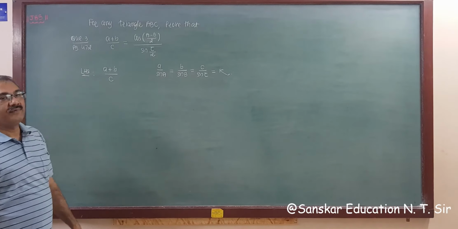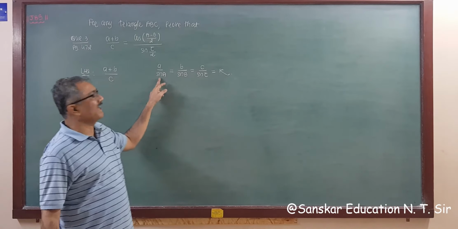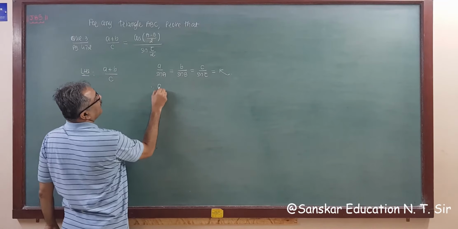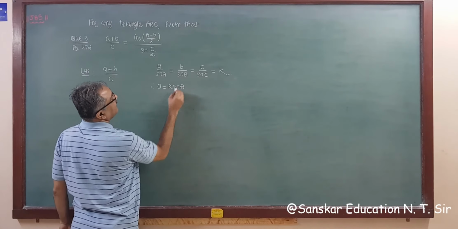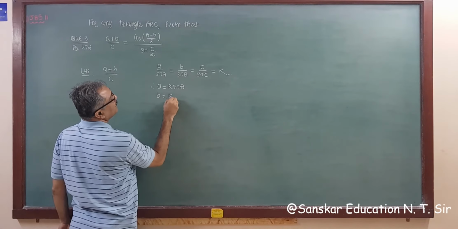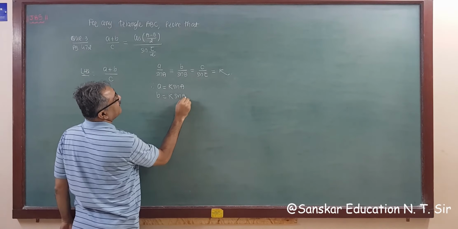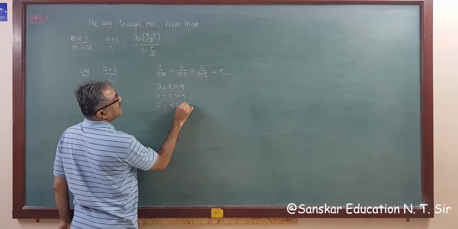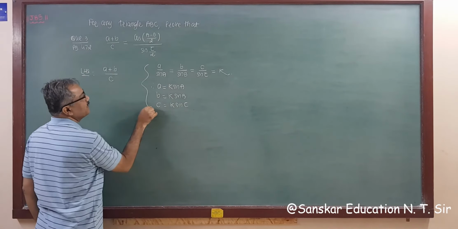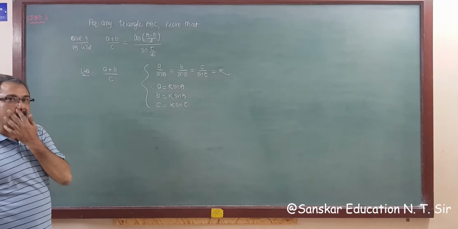So a is equal to k sin A, b is equal to k sin B, and small c is equal to k sin capital C. This you know by using the sine formula.